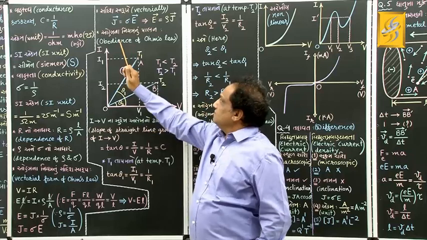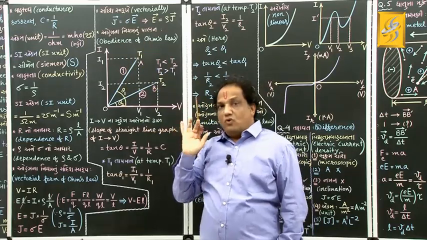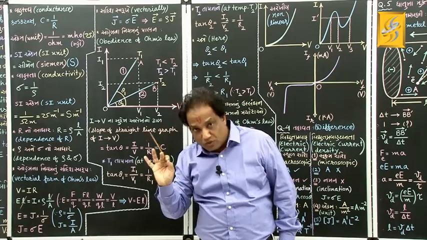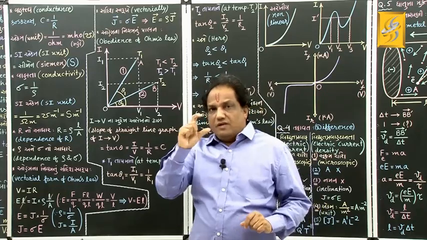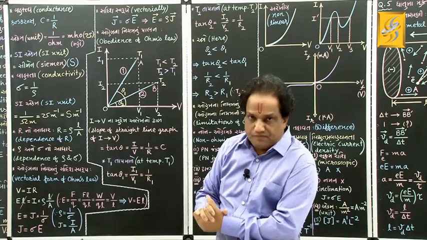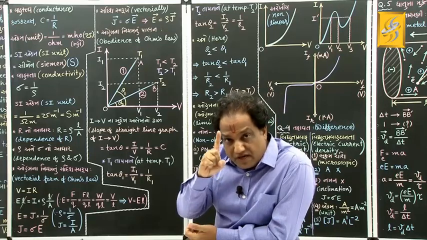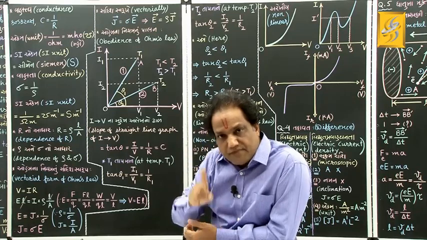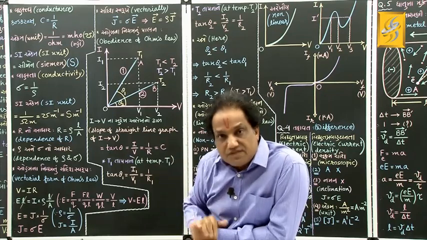Now we go for the obedience of Ohm's law. When Ohm's law is found to be obeyed, when it holds good, I am showing you. See, while giving this statement of Ohm's law, in the beginning, what did we say? Under given physical conditions, correct? So the first thing is sure that Ohm's law will be obeyed only under given physical conditions.